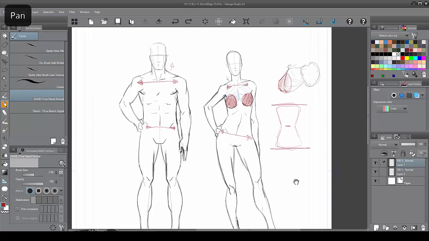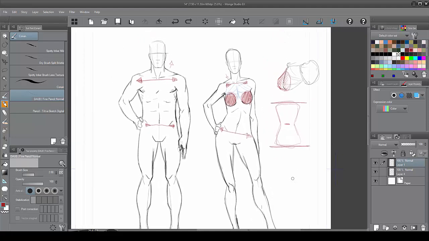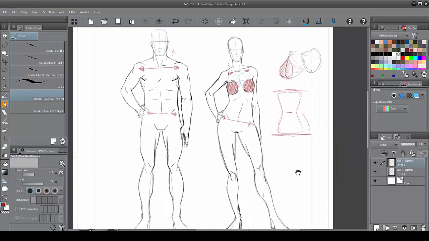Okay, so they're the main differences that I wanted to talk about. So hip to waist ratio, having a bit thicker trapezius and neck muscles on the male than the female, and the last thing that I really wanted to talk about was muscle mass.